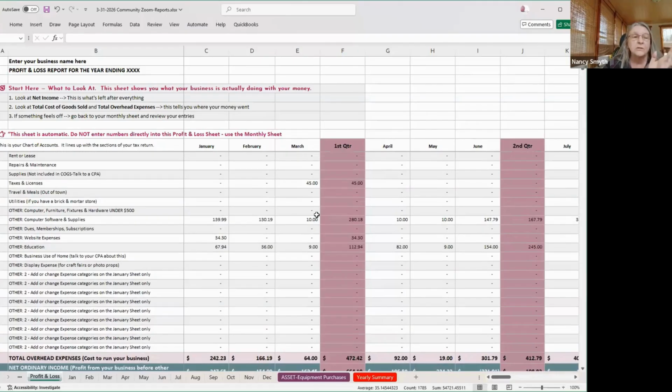Because again, some of our expenses, like website hosting or a MailerLite subscription or a Canva subscription, those things are fixed costs. We know that as long as we have those items, we're going to have this charge in this month.